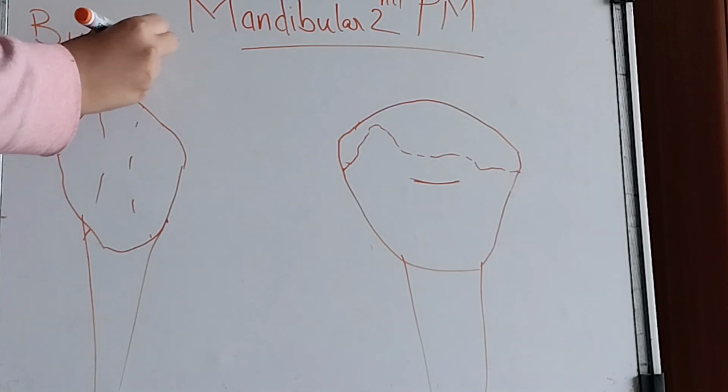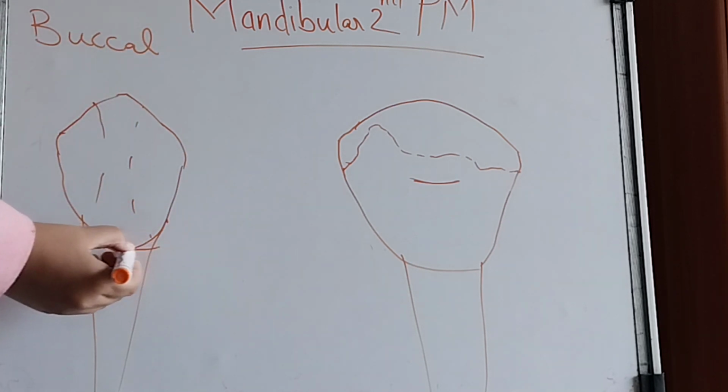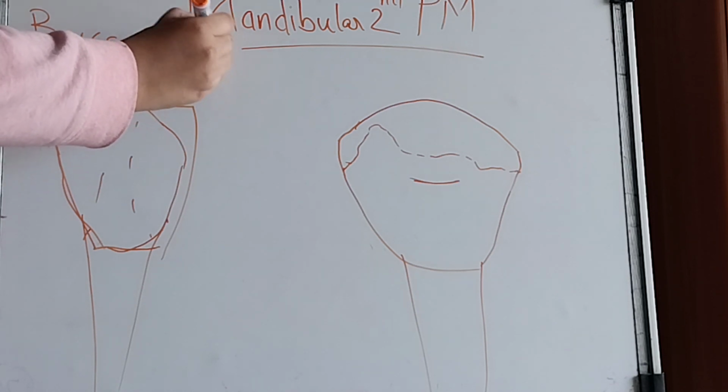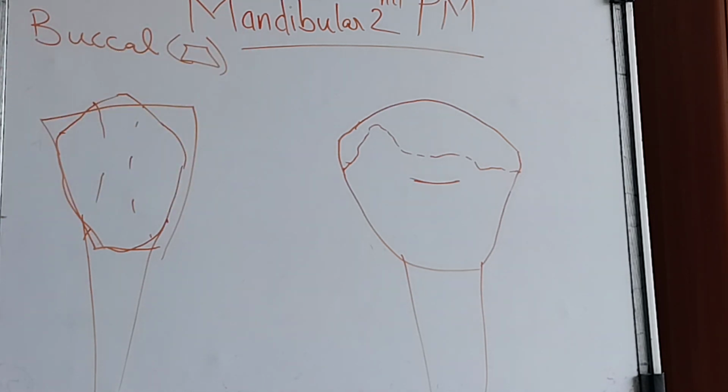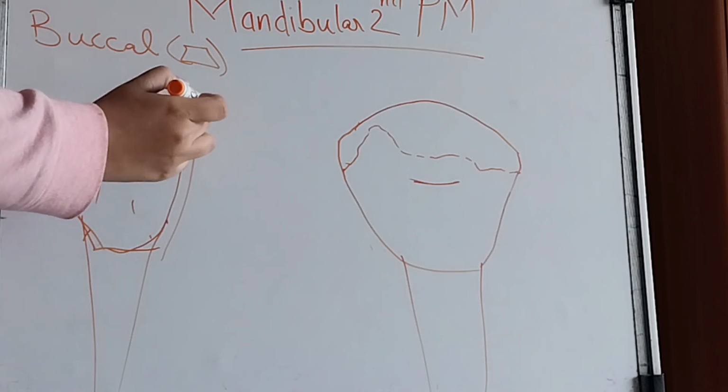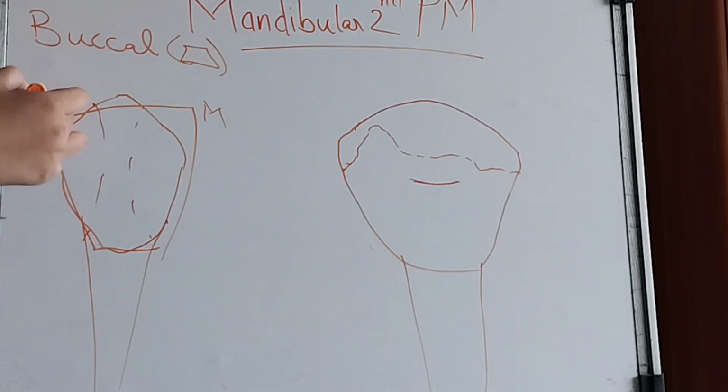On the buccal aspect, you can see this is a trapezoidal shaped crown. If this is my right mandibular second premolar, then the mesial aspect will be over here somewhere, and this is the distal.